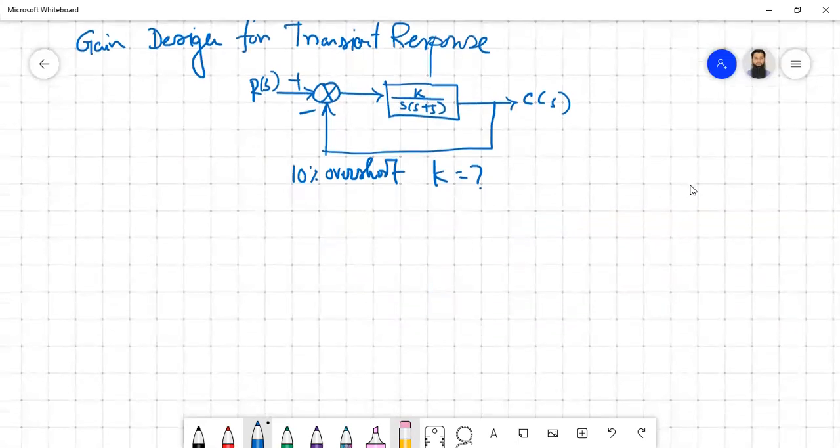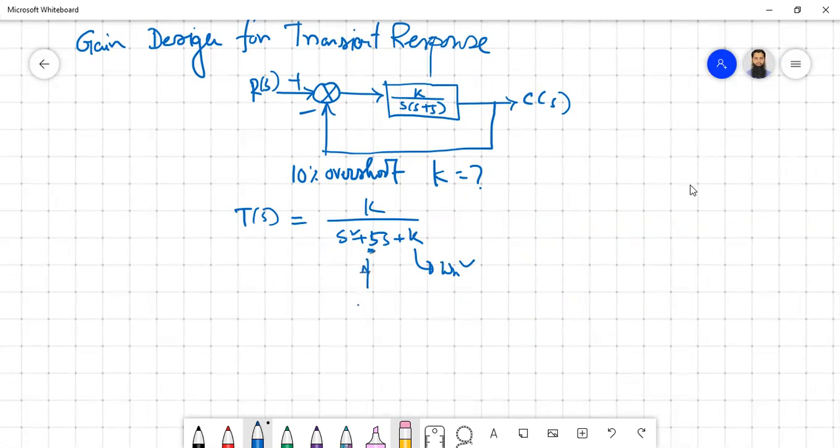Now, gain adjustment. T(s) is the same as before, k by s square plus 5s plus k. Now, what do you know? This k is nothing but your omega n square, and this 5 is nothing but twice zeta omega n. So twice zeta omega n equal to 5, so zeta omega n equal to 2.5.